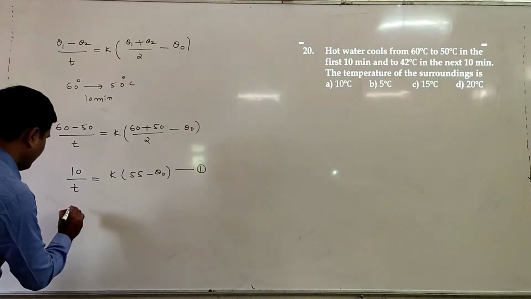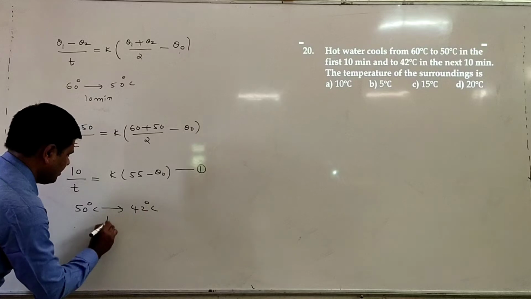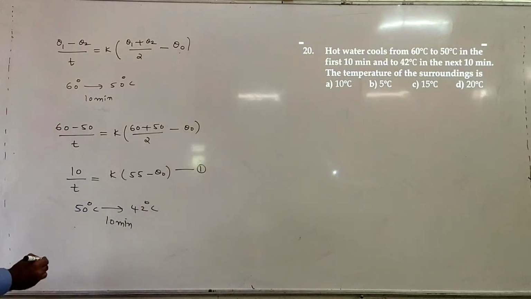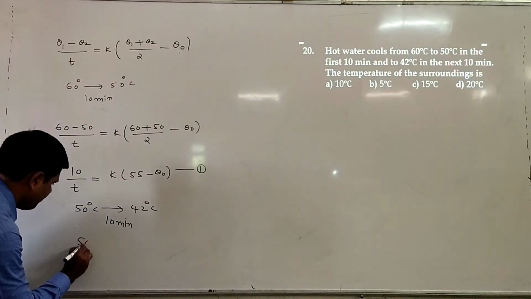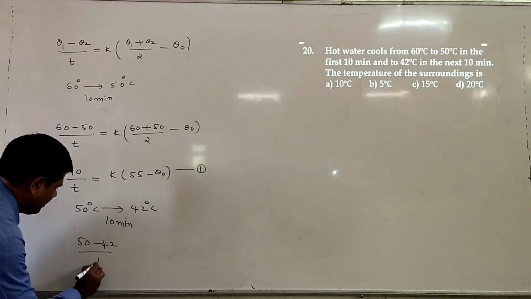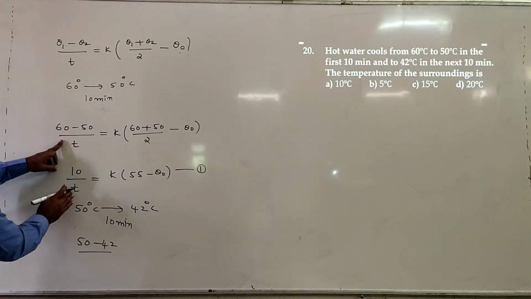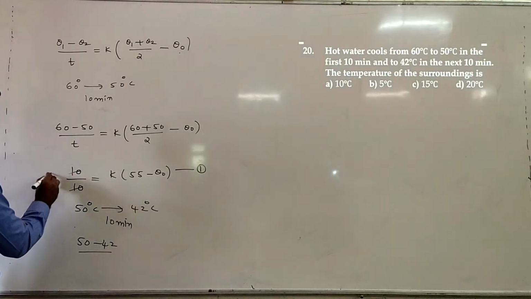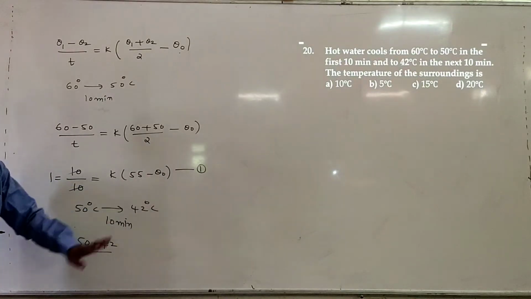Next it is cooling from 50 degrees centigrade to 42 degrees centigrade in the same 10 minutes. We can apply the same formula: (50 minus 42) by T, where T is 10 minutes. Substituting, 10 by 10 cancels and we get 1 equal to K into (55 minus theta naught).